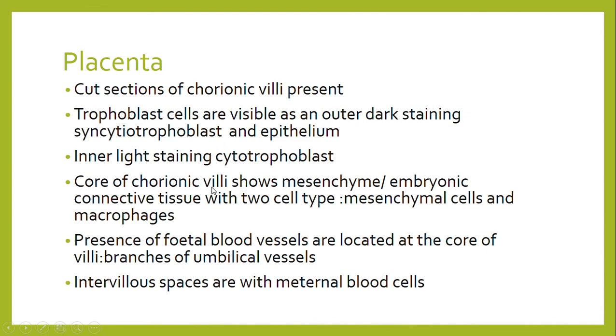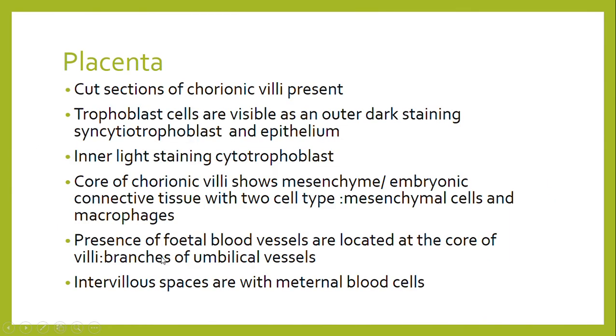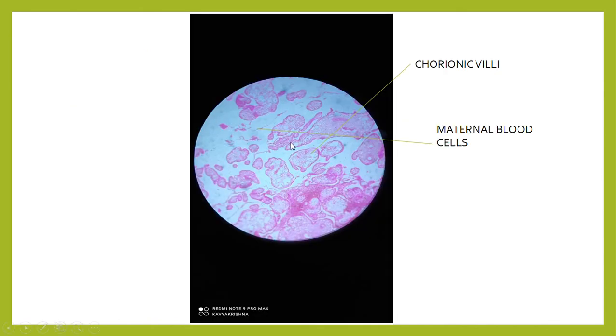The core of the chorionic villi shows the mesenchyme or embryonic connective tissue with two cell types, mesenchymal cells and macrophages. Blood vessels are located at the core of the villi. The branches of umbilical veins and arteries can be seen inside. The intervillous spaces are filled with maternal blood.